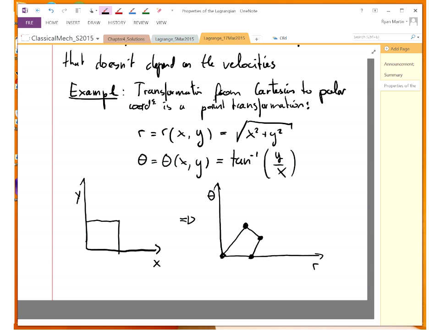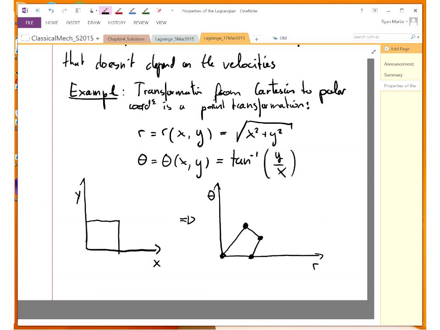And because the infinitesimals are preserved from one space to the other, the Euler-Lagrange equation, which relates to infinitesimals and how they change with time, is also preserved from one space to the other. And so all of this is just to say that the Lagrangian description in one space will also work in any other space that's related by a point transformation.